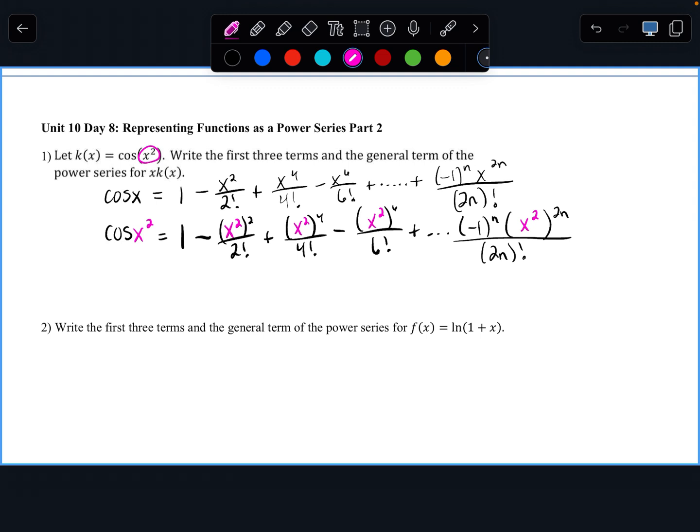So the next thing you're going to do, because they want the power series for x cosine of x squared. The difference is now you're going to be multiplying everything by x. So now this guy is going to turn into an x. The numerator on the one before is x to the 4th because you multiply the powers, and then you multiply by another x, so that's going to be x to the 5th over 2 factorial.